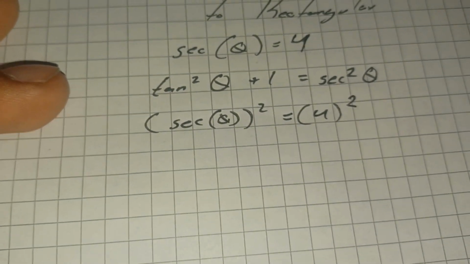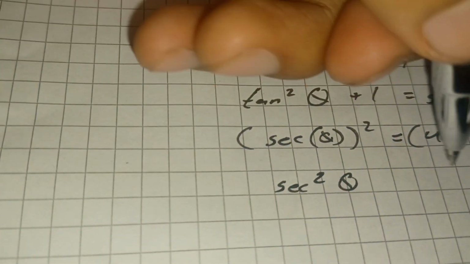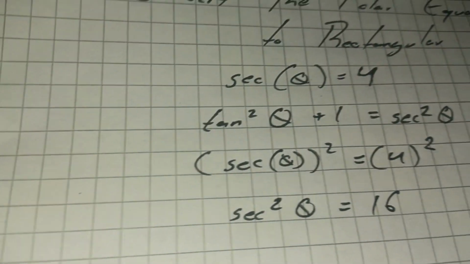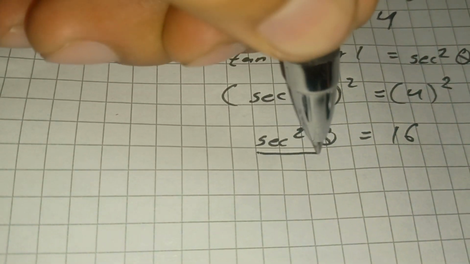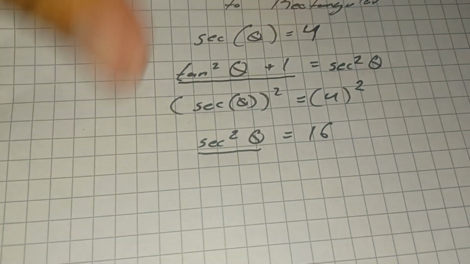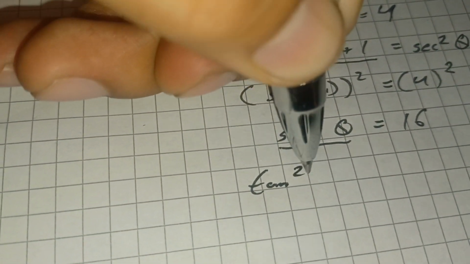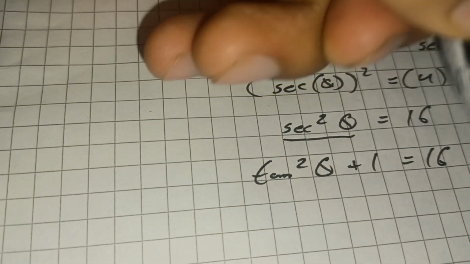So we square both sides, and we have secant squared theta is equal to 16. Now we can substitute the secant squared theta for tan squared theta plus 1. So now we have tan squared theta plus 1 is equal to 16.